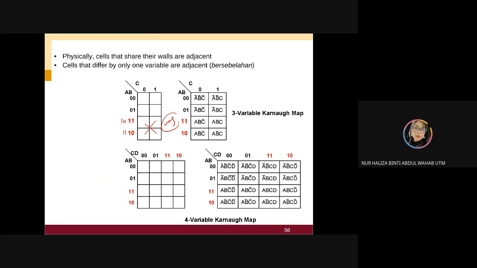Okay, now let's take a look at what happened inside those things. I'm going to draw here. At this cell, I have A equal to 0, B equal to 0.